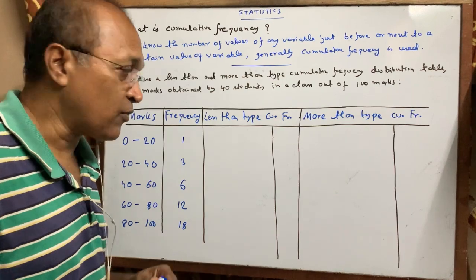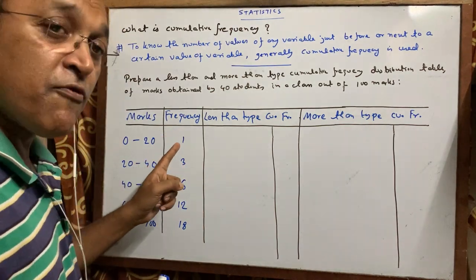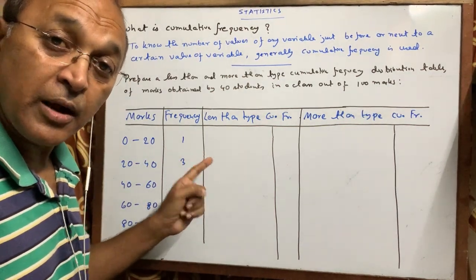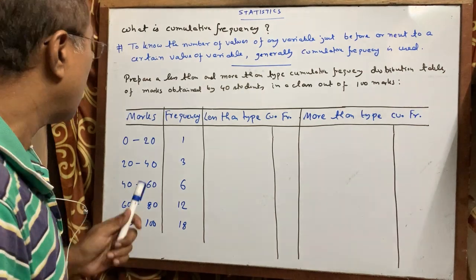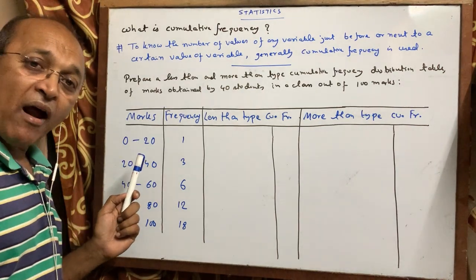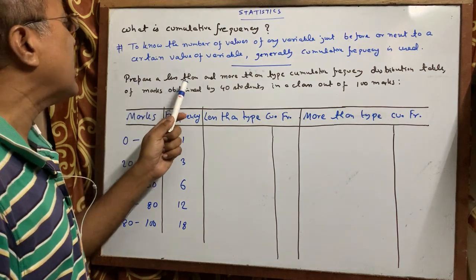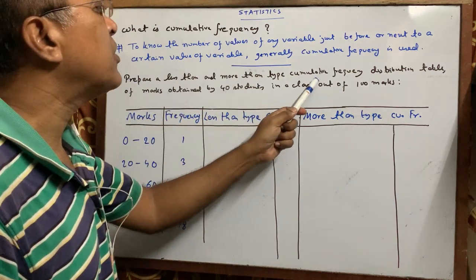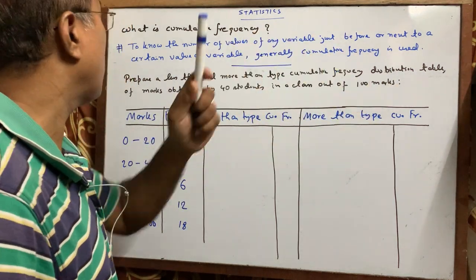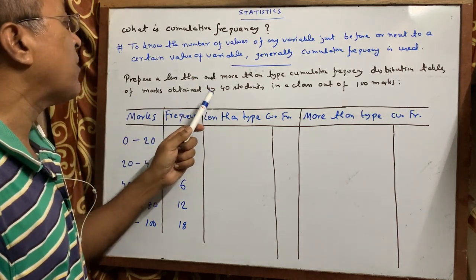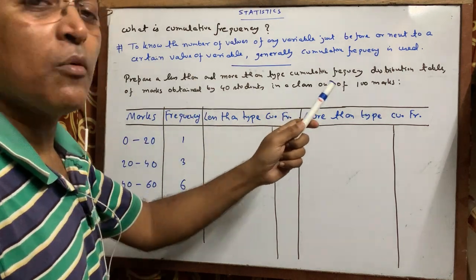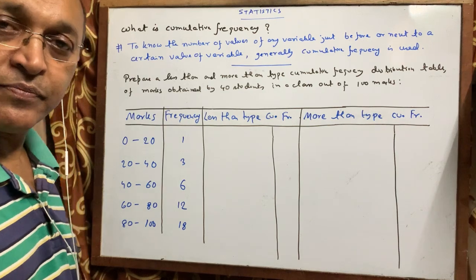Just try to understand from this particular frequency distribution table. What is given? Here marks are given in a class. Prepare a less than and more than type cumulative frequency distribution table of marks obtained by 40 students in a class out of 100. Okay.